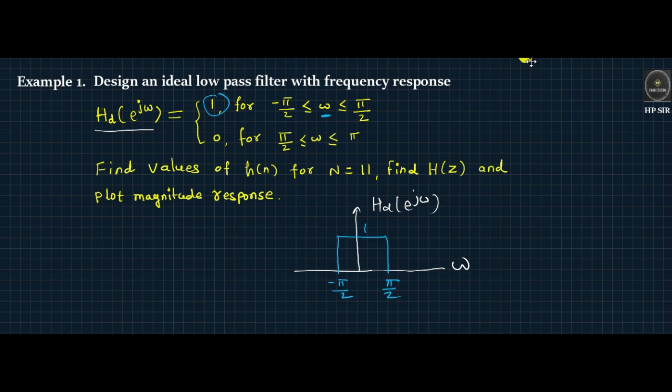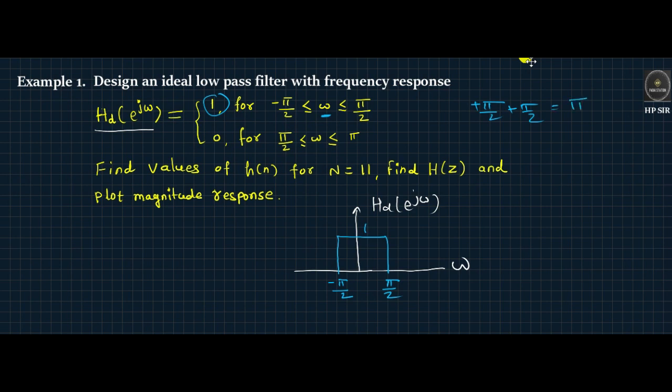During these frequencies, it is a range of frequencies. What is the complete range? It is minus pi by 2 to plus pi by 2. We never consider the minus sign on this frequency axis, so it is pi by 2 plus pi by 2, which is pi.